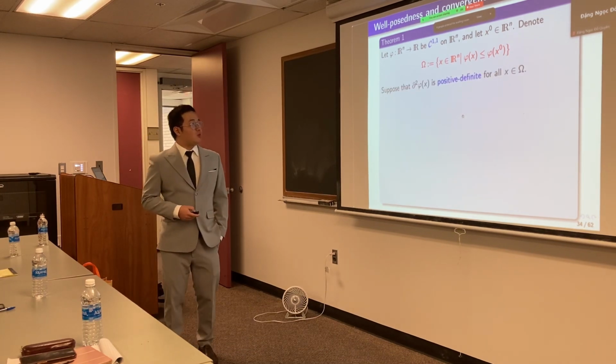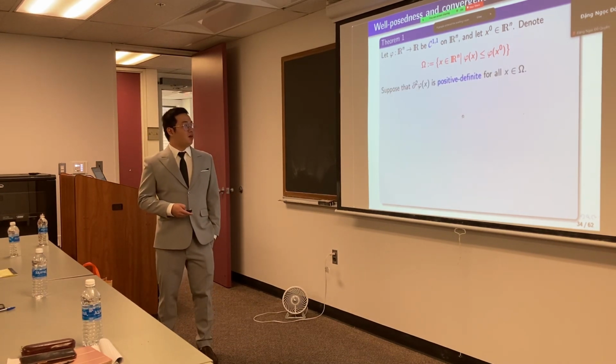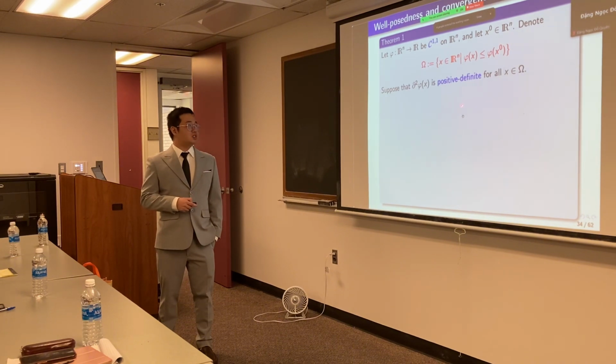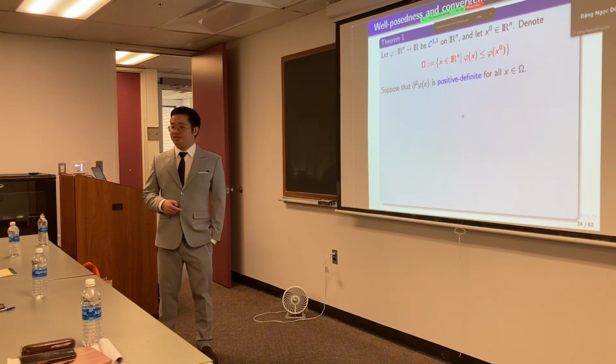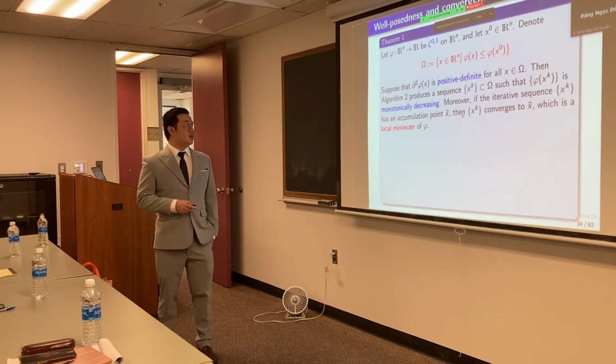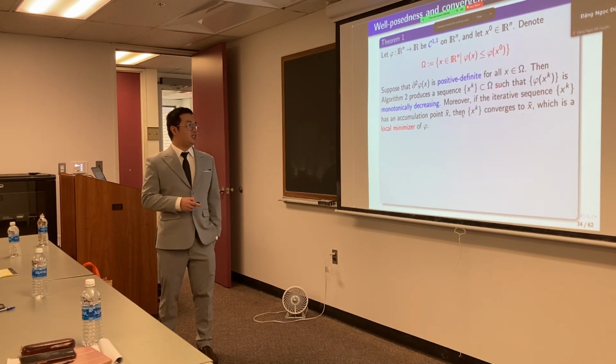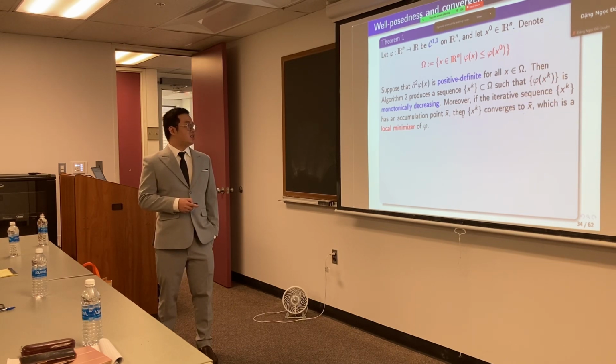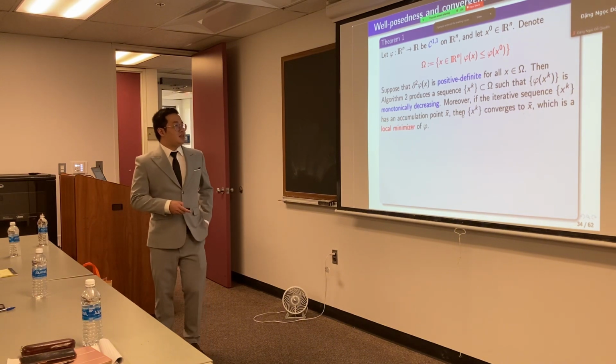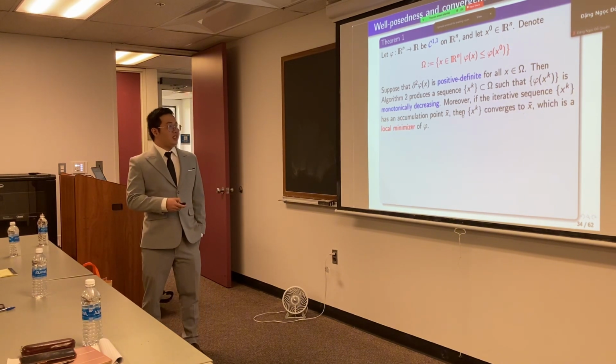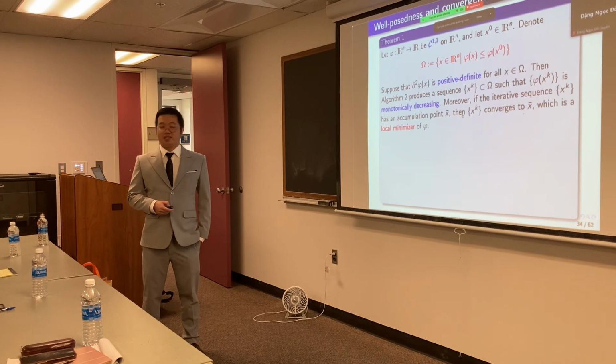The function phi here is C11, and we suppose that the second order subdifferential is positive definite. The algorithm produces a sequence xk such that the value of phi is decreasing, and if the sequence has an accumulation point, then we can guarantee the convergence of xk.